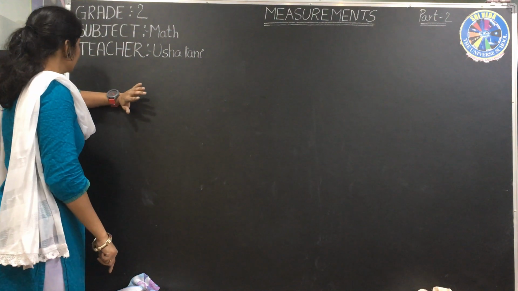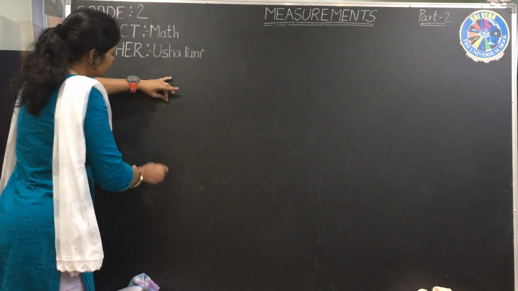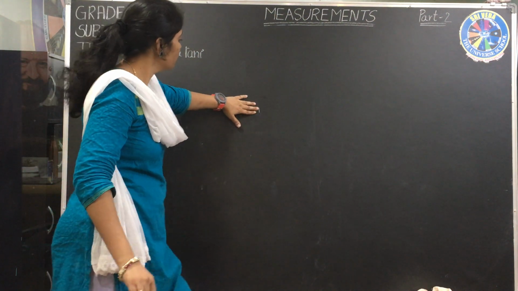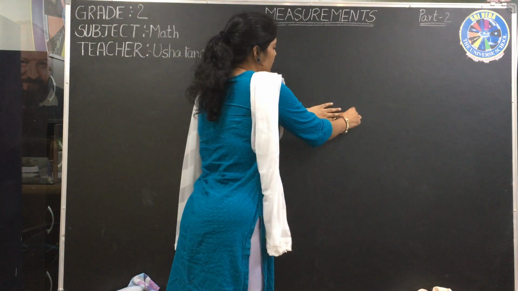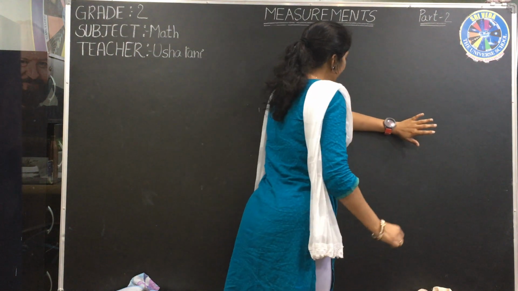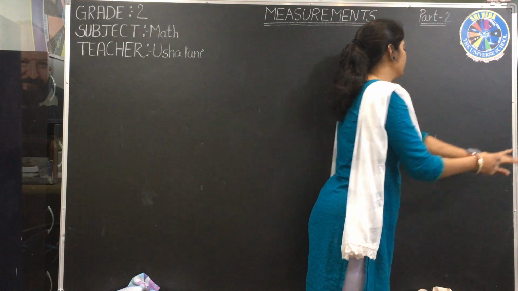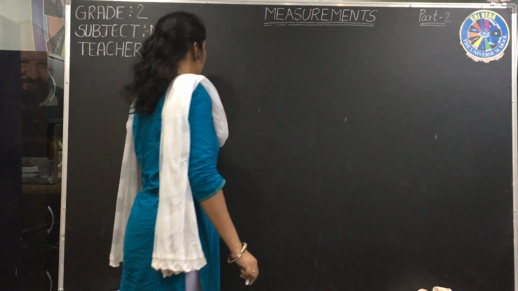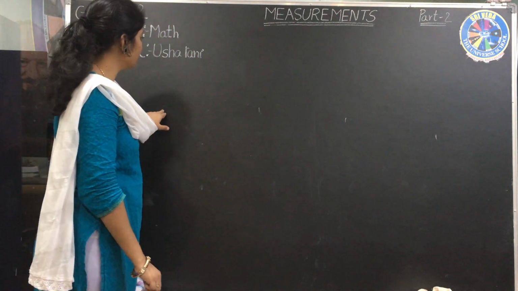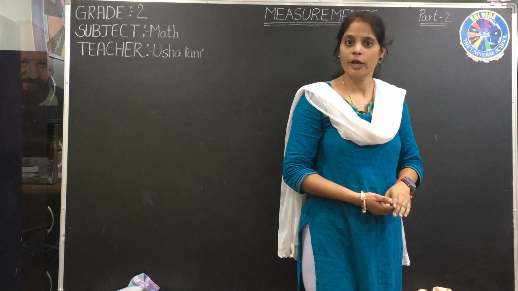Here to here is one arm span, here to here two, and three, again here to here this much and a half. The length of this board with my arm span is 1, 2, 3, 4 and a half cubits.